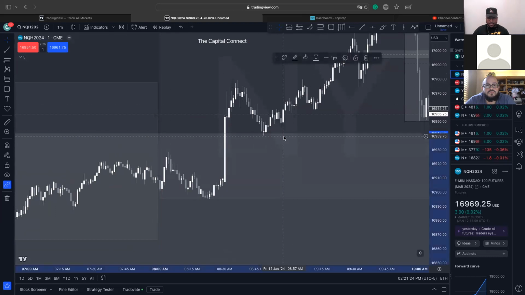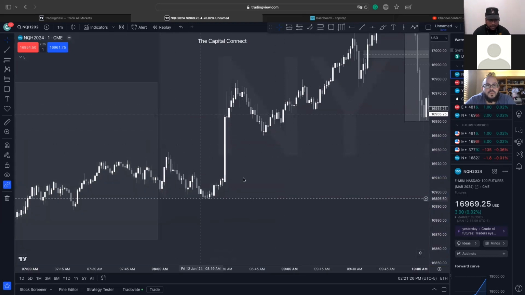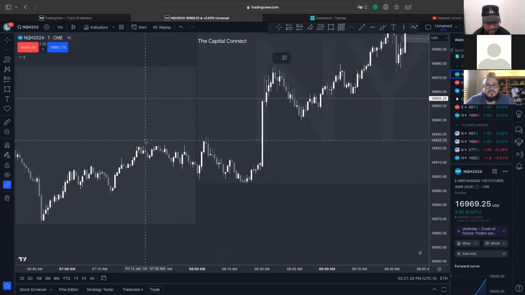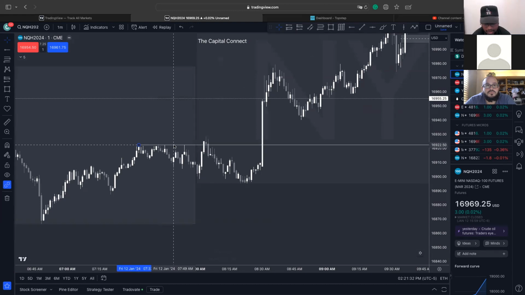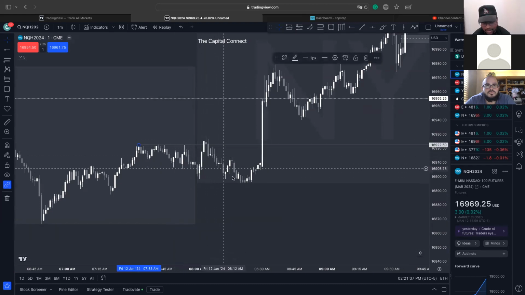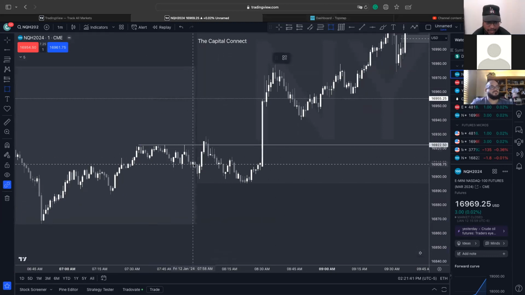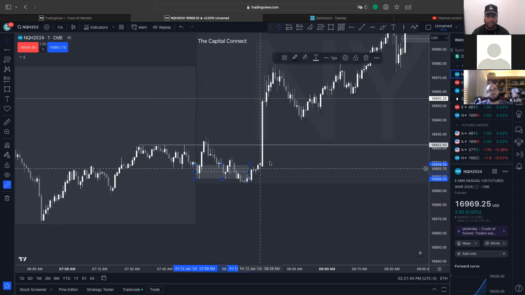Let me delete some of this stuff, bro. This break to the upside here, that wasn't really displacement through that high. Why? Because yeah, we break it, but then we immediately start coming back into the range, which is why you can see this order block that was sitting right here didn't hold up. We didn't really displace through that high.